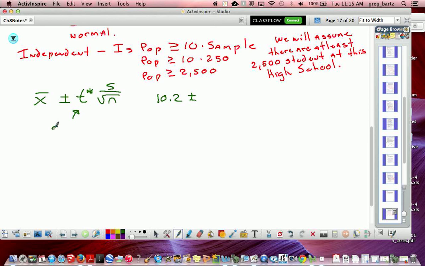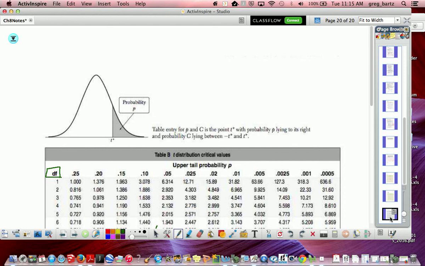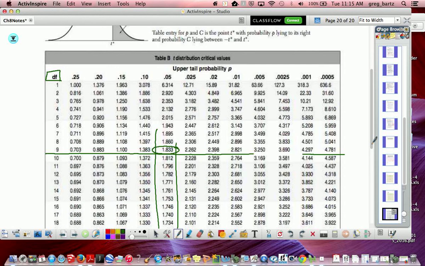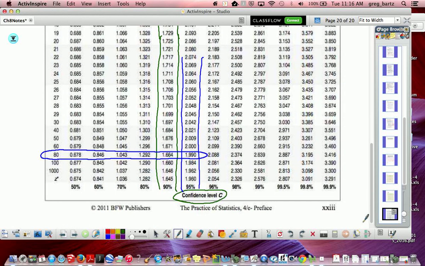Okay, so to do T star, I'm doing a 95% confidence interval. My degrees of freedom, 250 minus 1, which is 249. So when I look at my table, 95% confidence interval, I don't have the number 249.